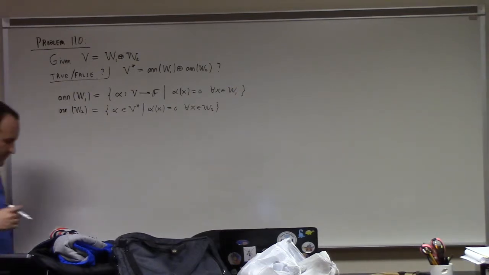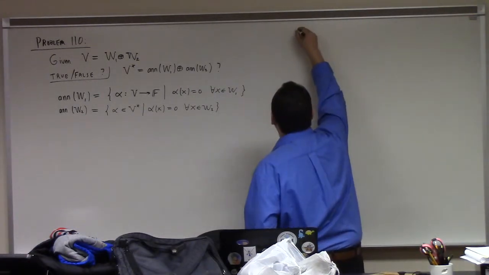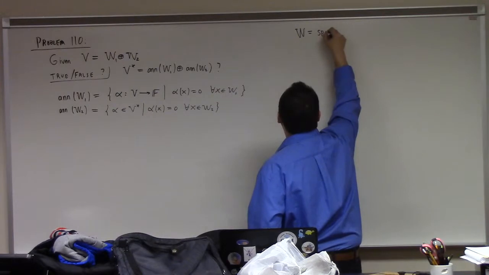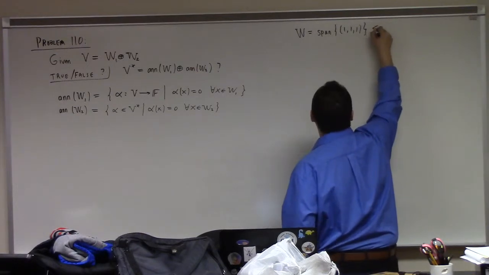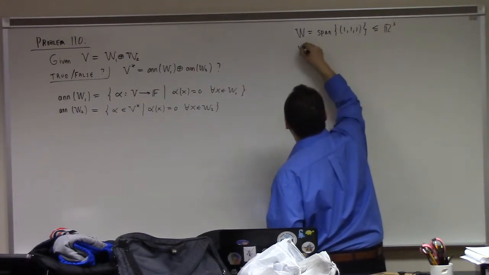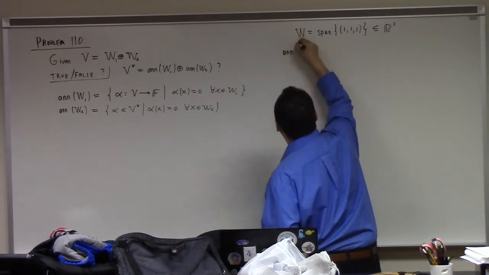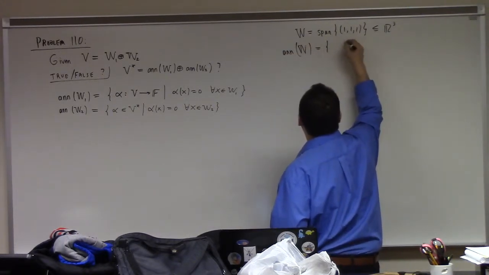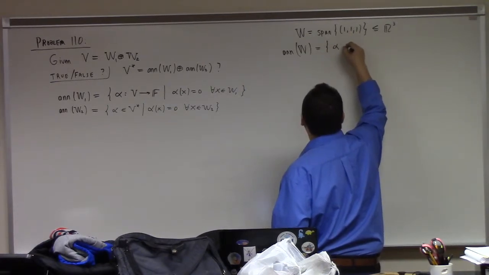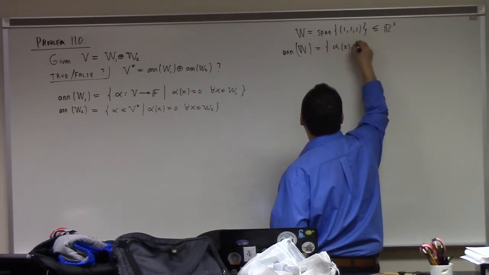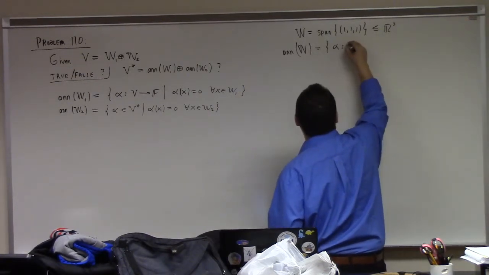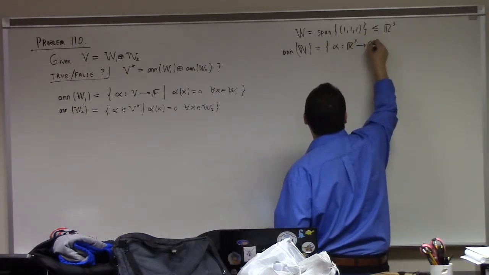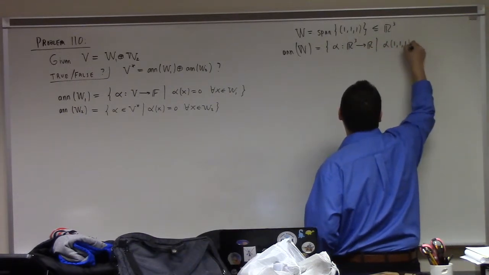For example, here's my intuition for this. If we were to look at, say, W is the span of 1, 1, 1 in R3, then the annihilator of W, rather, would be alpha such that R3 goes to R, and alpha of 1, 1, 1 equal to 0, right?